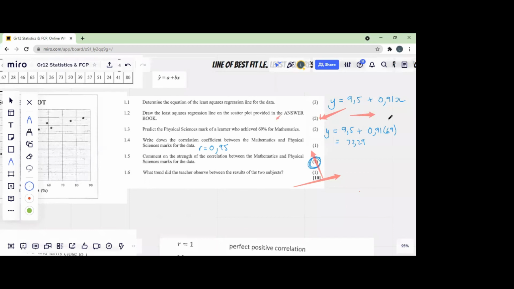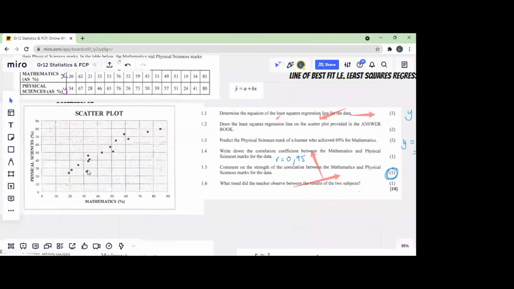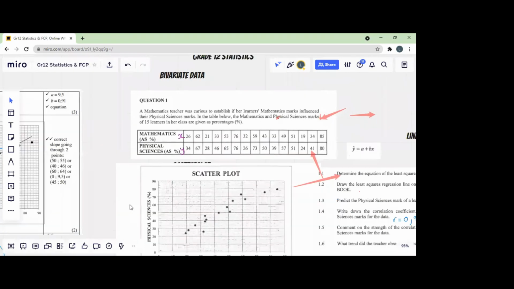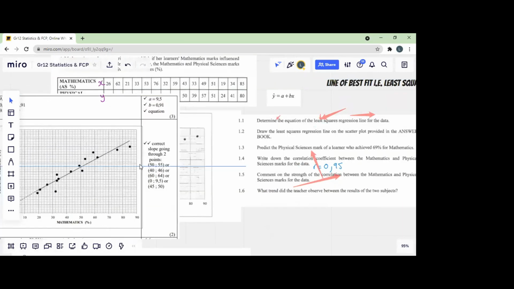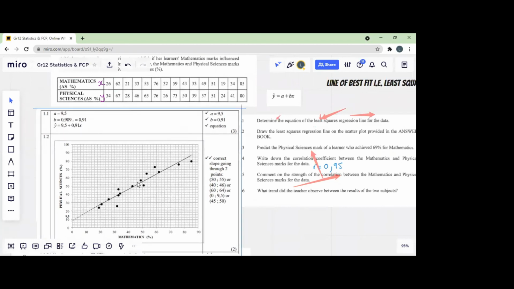You've either got to say positive or negative. If we have a look at our least squares regression line, we can see that there is a positive association because the gradient of the line is positive. The line slopes up to the right, so it is positive.